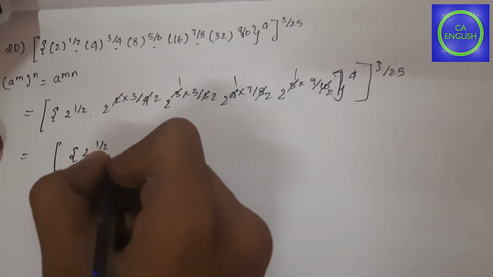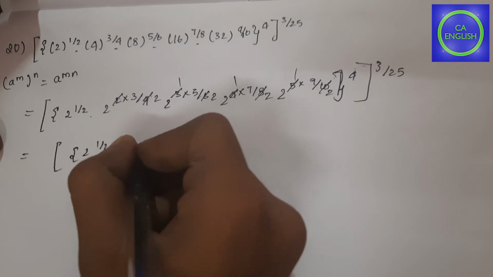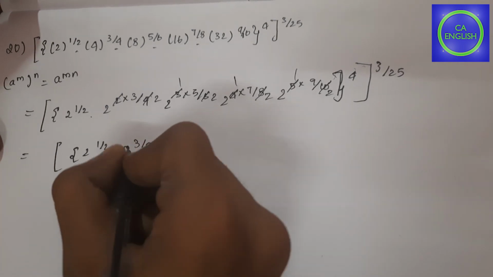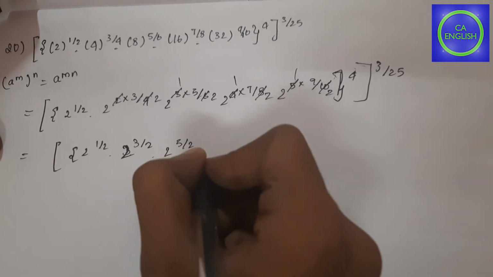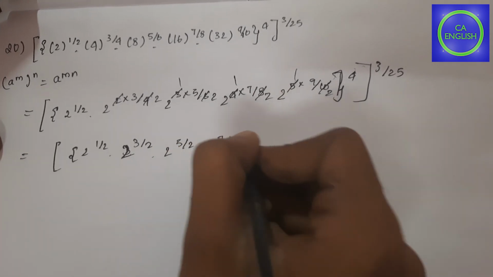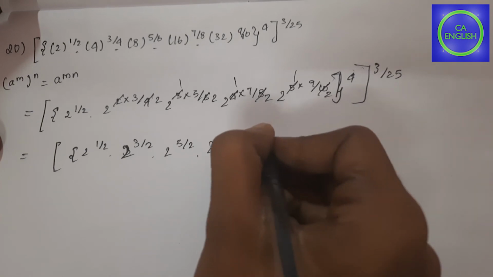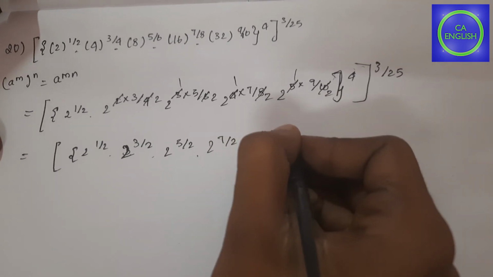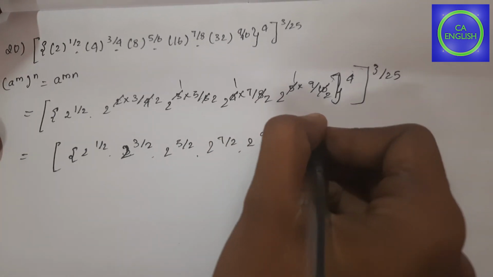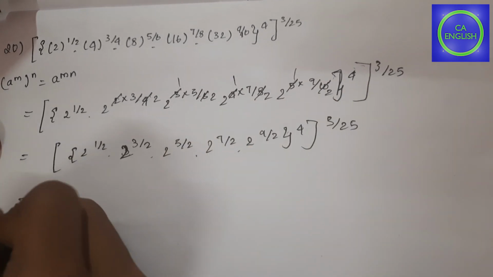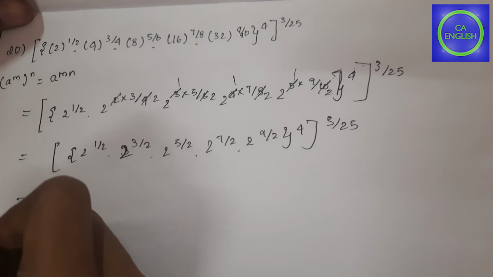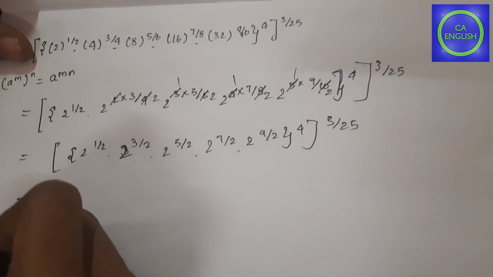2 power 1 by 2, 2 power 3 by 2, 2 power 5 by 2, 2 power 7 by 2, 2 power 9 by 2, power of 4 and the whole power of 3 by 25. Okay, now here we are going to use another law.